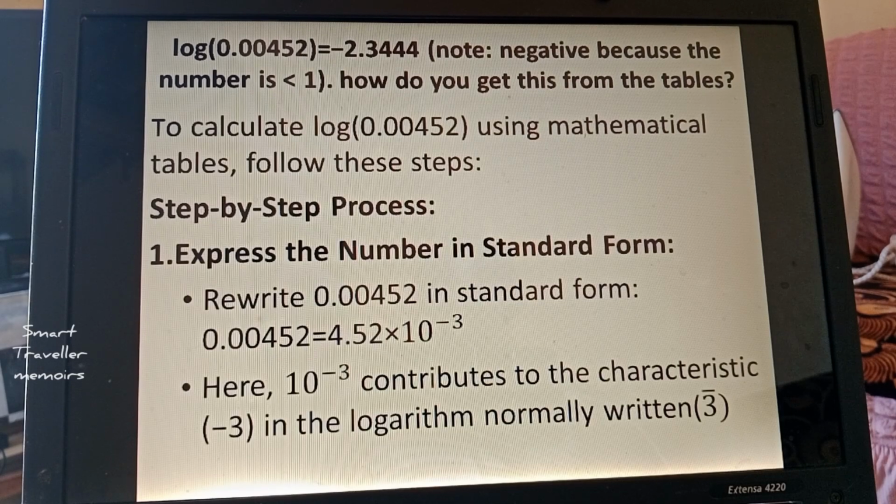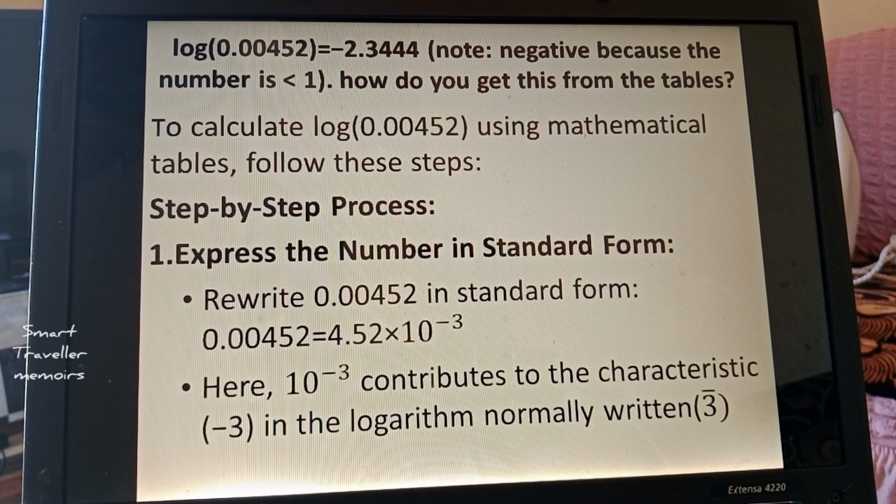We have the first part, known as the characteristic, and the second part, known as the mantissa. The characteristic can be negative or positive, depending on the power of 10 when the number is expressed in standard form. So note, it is negative because the number is less than 1.